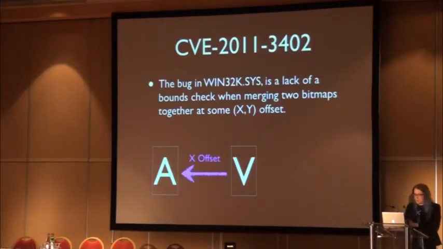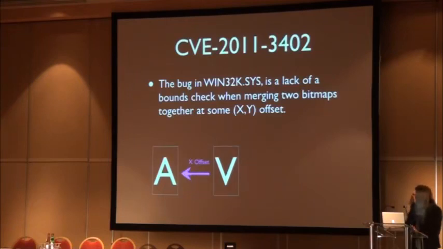All right. So one of the things with TrueType fonts is that besides outlines, it also has bitmap glyphs. There's a set of numbers for the X and Y offset for kerning two letters together.